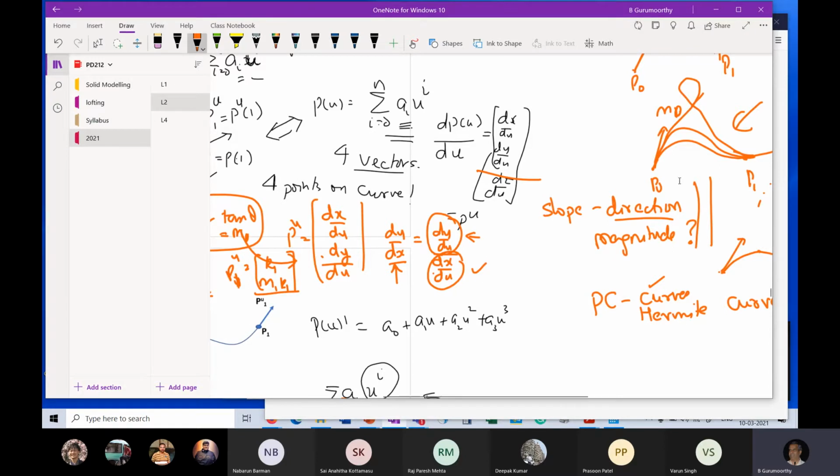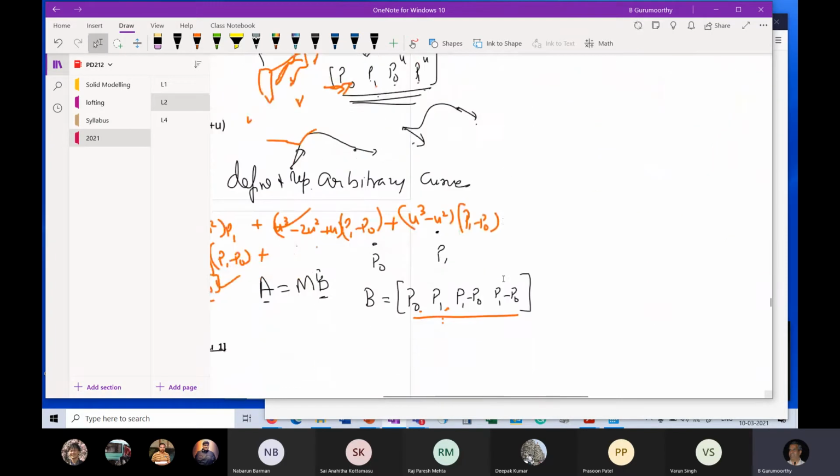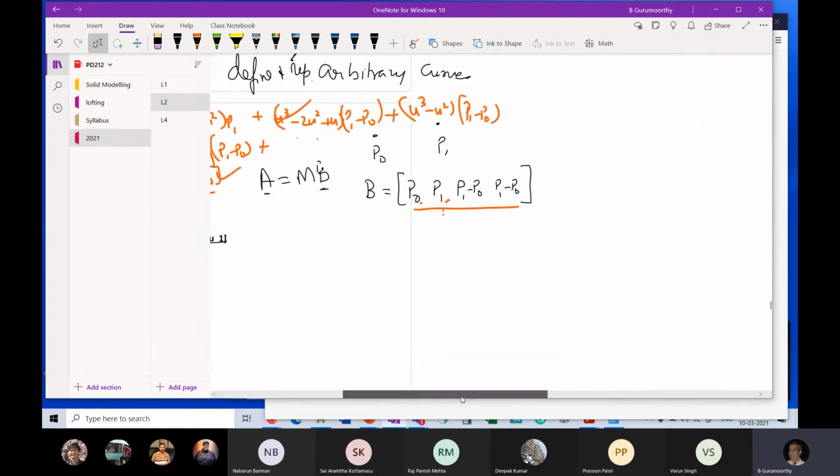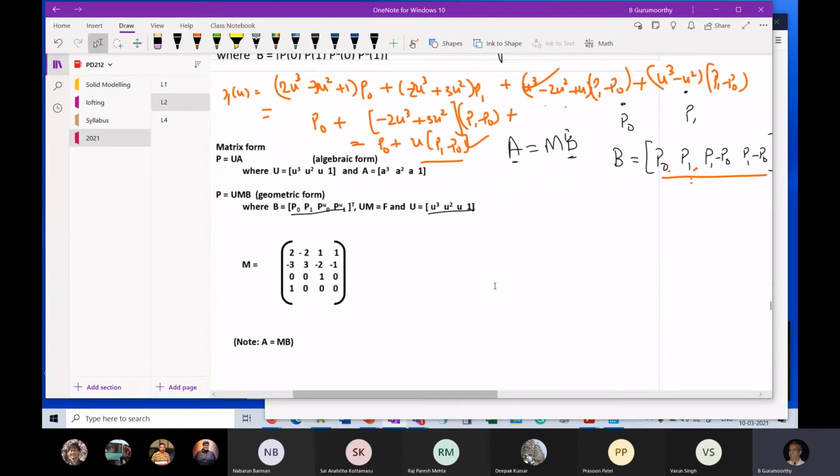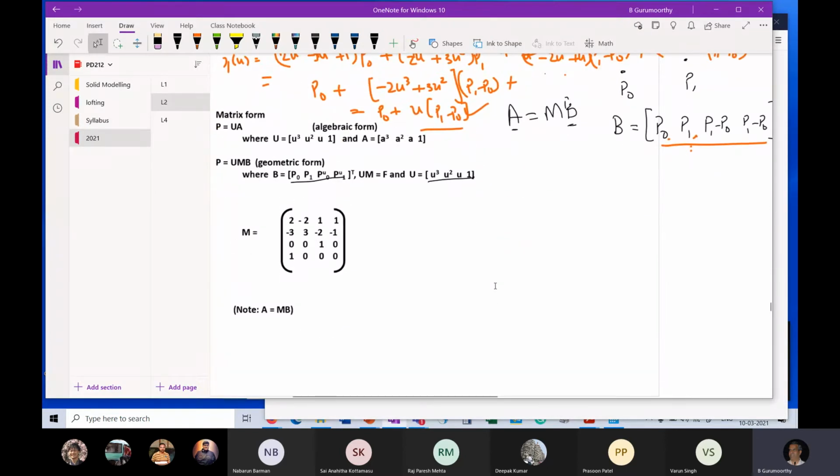So what we have at the end of this is a representation which can be defined intuitively, in a geometric sense, by the user, right? And it allows any number of arbitrary shapes for which we may not know the equation, but at the end of this, you will end up knowing it because you are prescribing B. You know the representation of the curve is this matrix as written in this expression.